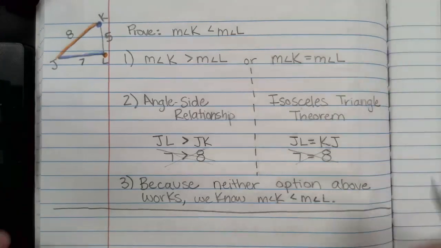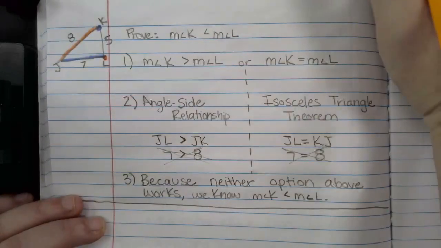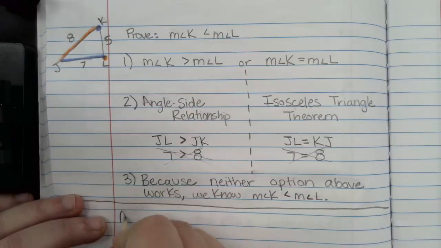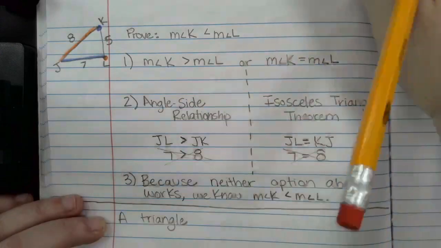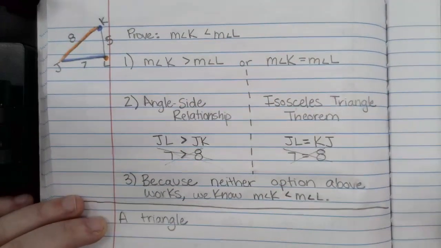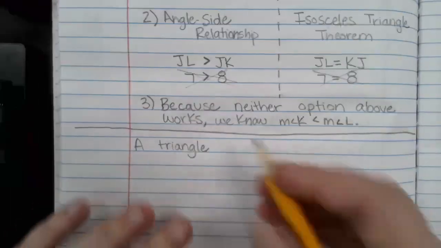All right, here we go with the last one. Last example, and then again we have a really short practice today. So, a triangle can have at most one obtuse angle.